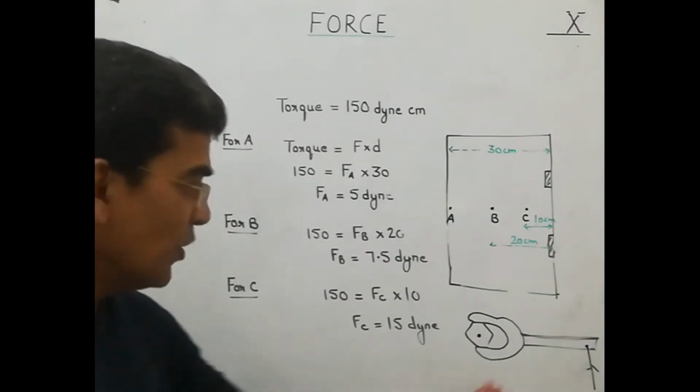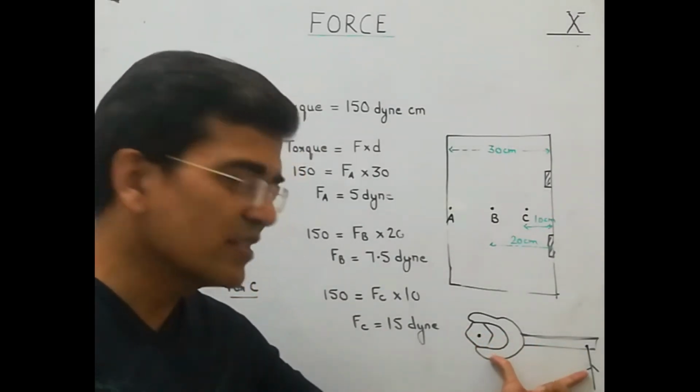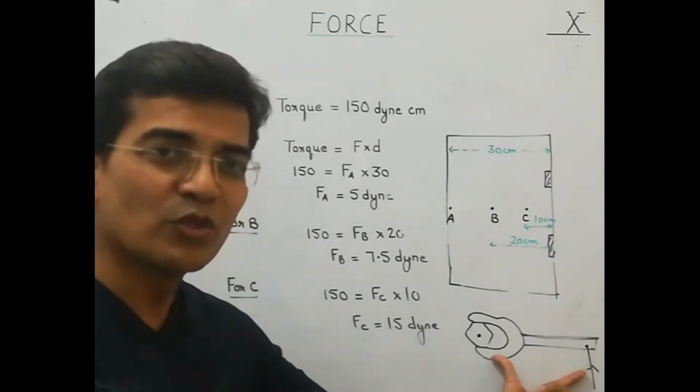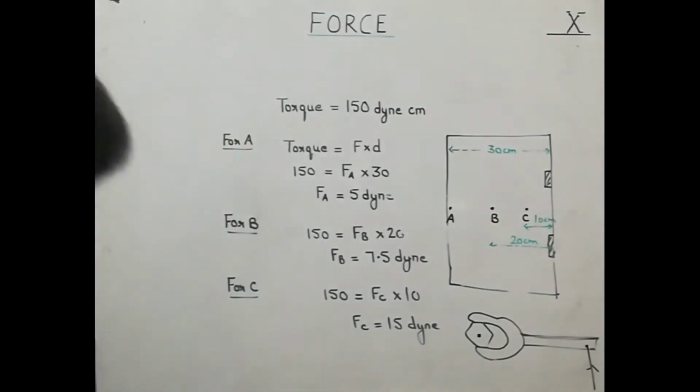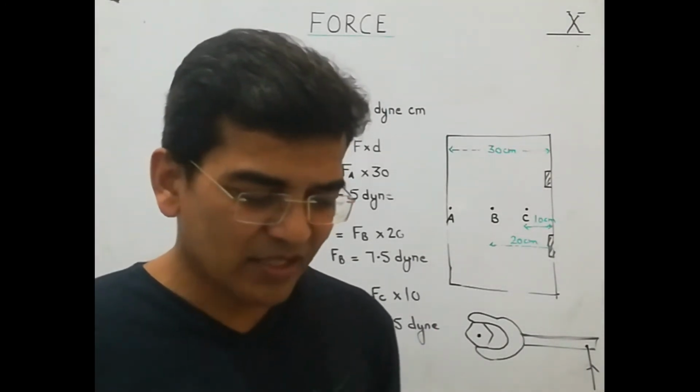So again, the more the length of the handle, that means distance is maximum, so the force applied will be least. So here I have given the few examples, and in all the examples same is the reason.